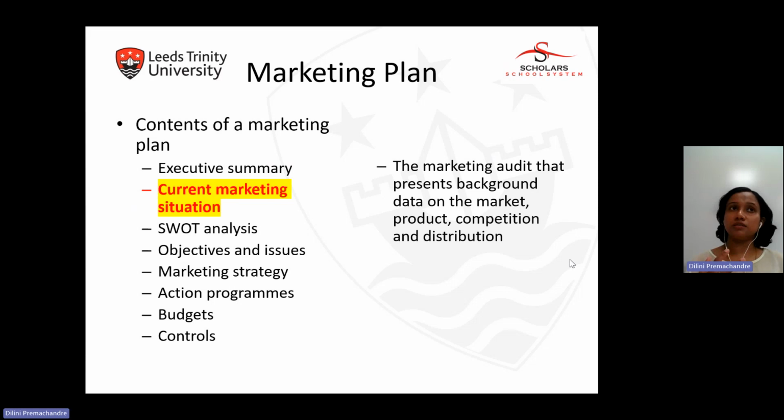You can conduct Porter's five forces analysis to explain the competition in the industry. So what kind of competition you have, what the market position is, and what opportunities and threats you have in this market. You will be able to explain these things under the current marketing situation.